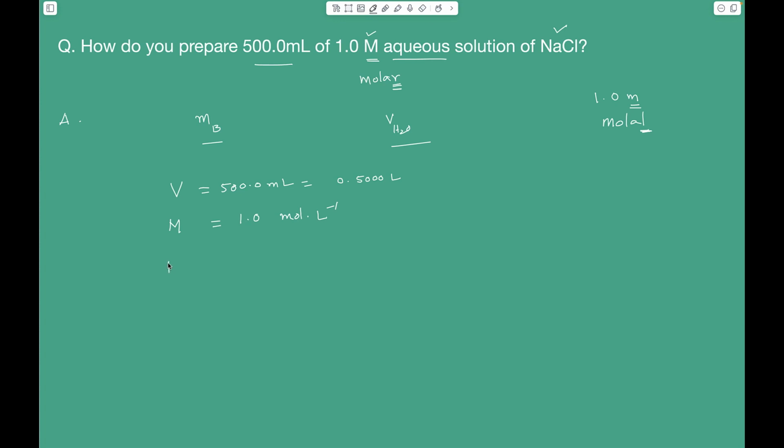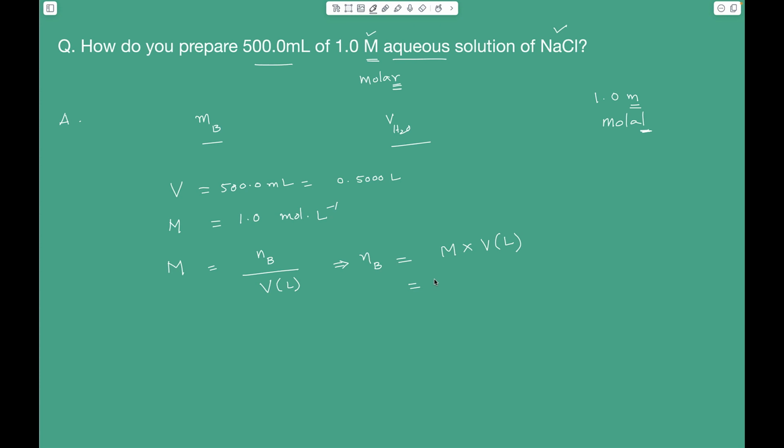Now the expression for molarity is the amount of substance of solute or the number of moles of solute over the volume of the solution in liters. Then the number of moles of solute or the amount of substance of solute is given by the product of molarity and the volume of the solution.